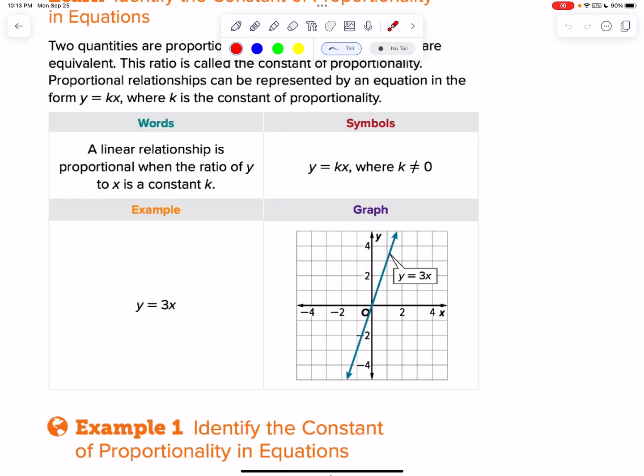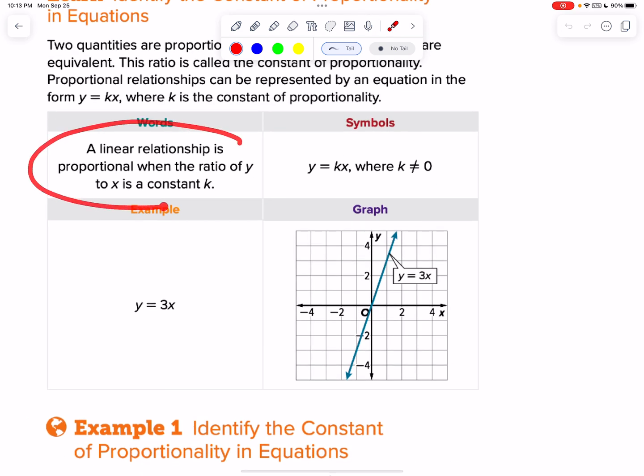And here it is in words: a linear relationship is proportional when the ratio of y to x is a constant k. So basically, when you take x and multiply it by the COP, the constant of proportionality, it equals y.